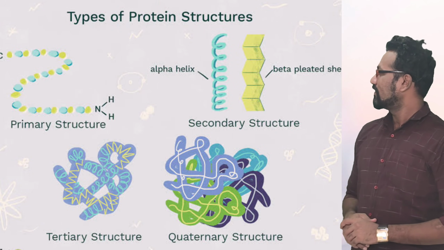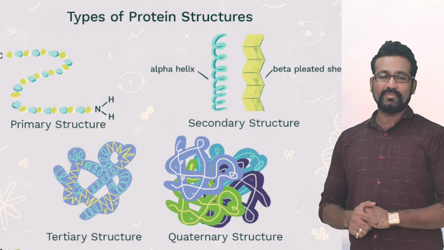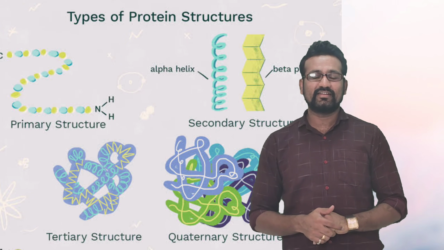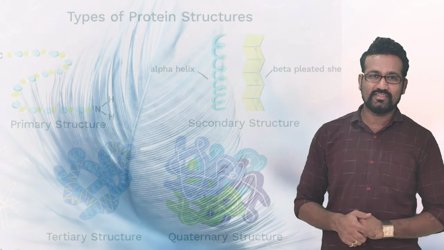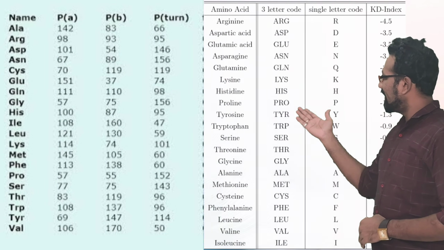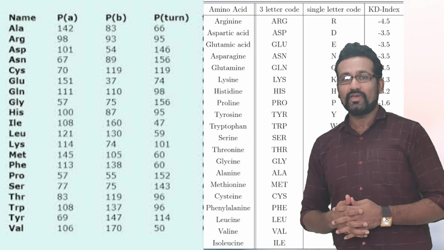So friends, our understanding of protein is not limited only to primary, secondary, tertiary and quaternary structure as shown in this figure. Beyond this, we can actually predict the secondary and tertiary structures in proteins by using those Chou Fasman parameters and KD index values as shown in these charts. Where did these values come from?